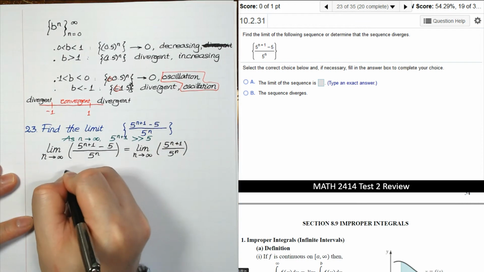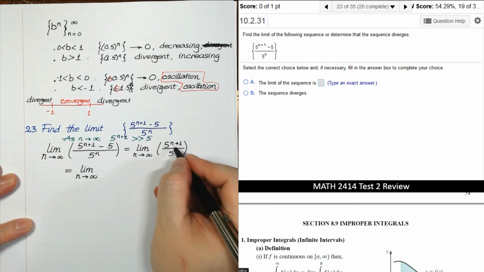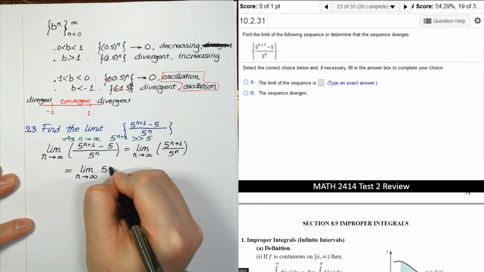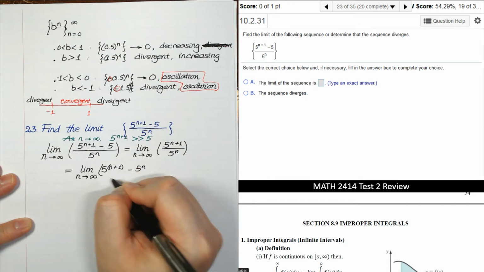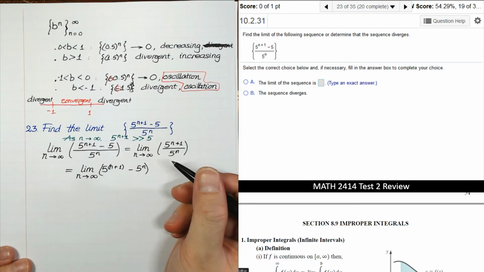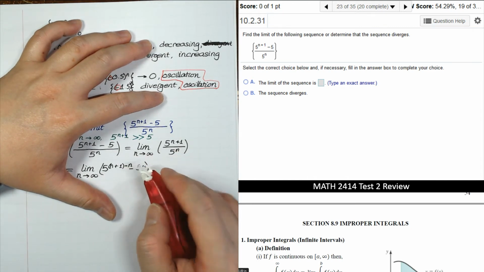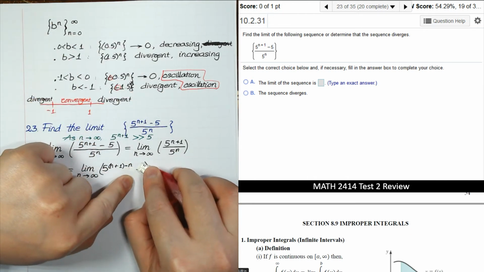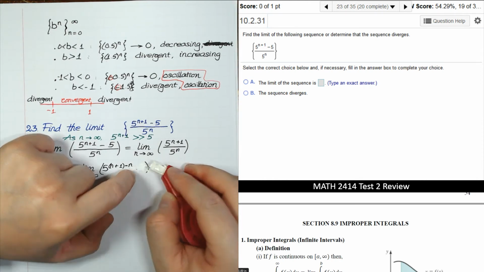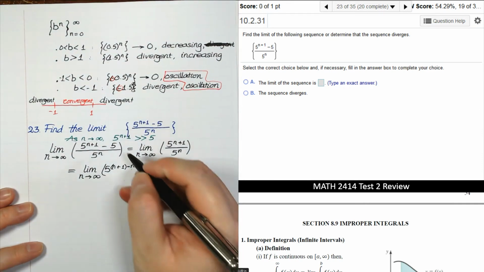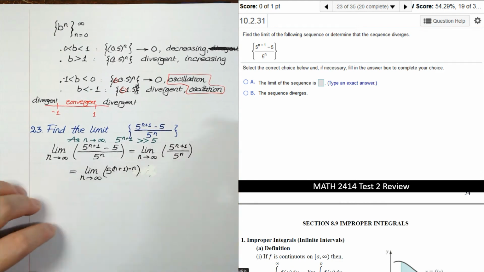And then we divide, meaning we subtract the exponent when we divide.